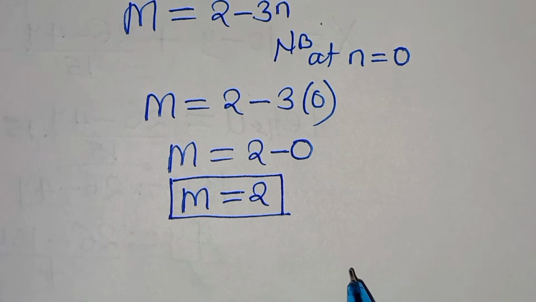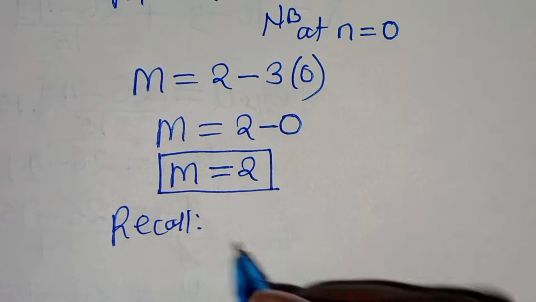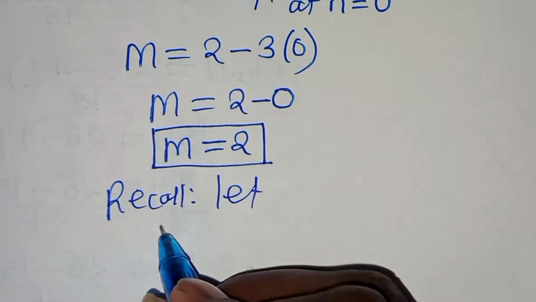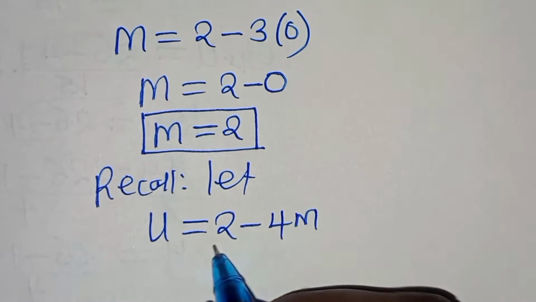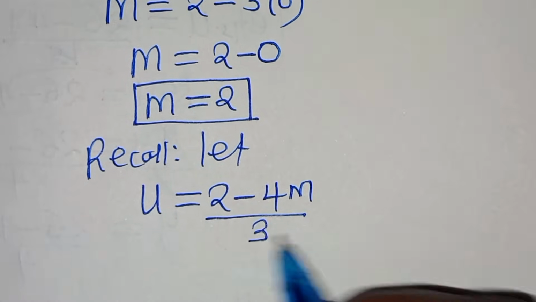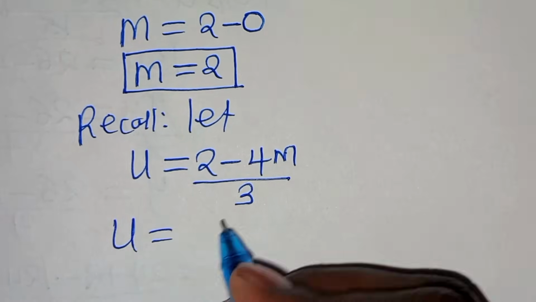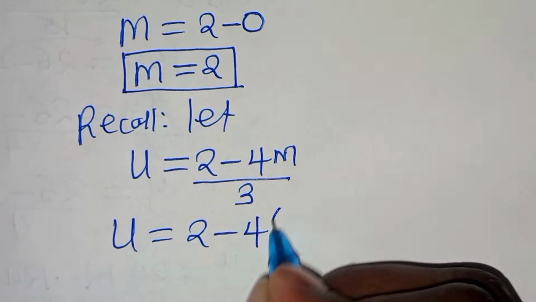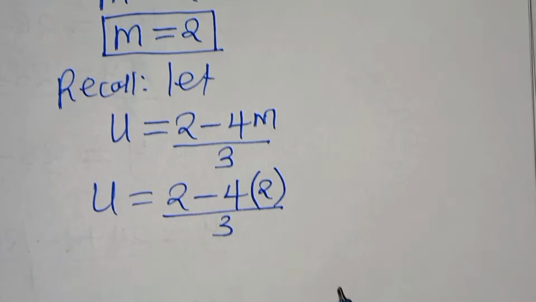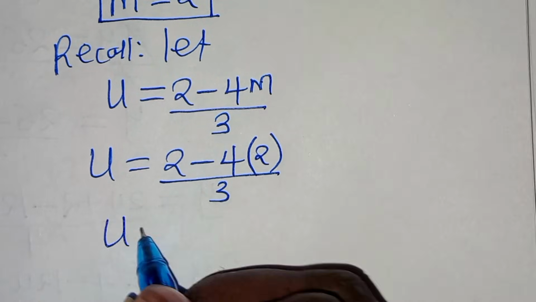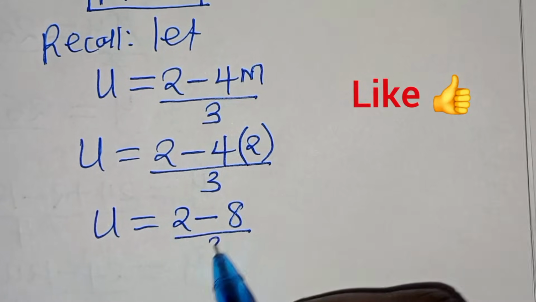Now, if you recall, we are saying that let u be equal to 2 subtract 4m divided by 3. Let's substitute the value of m, which is 2. We have u is equal to 2 minus 4 times 2, which is 8, divided by 3.